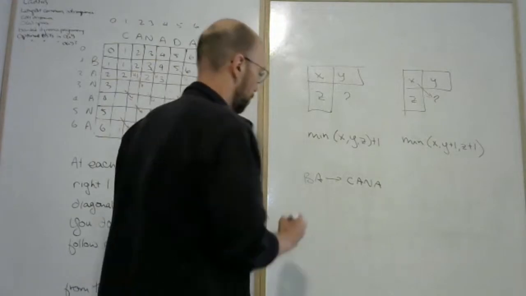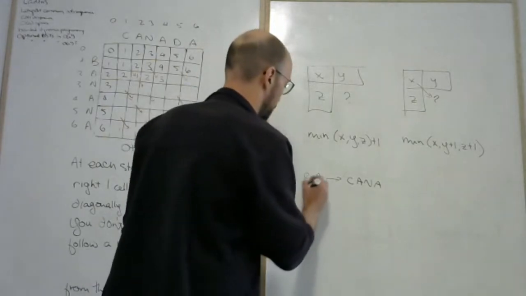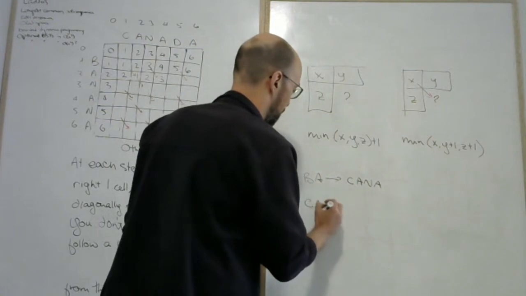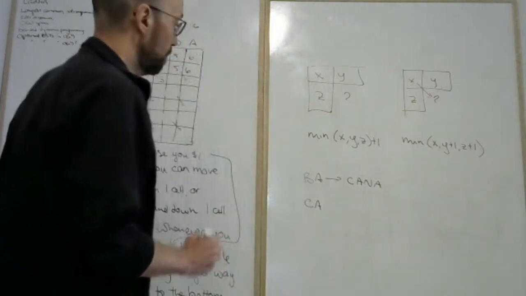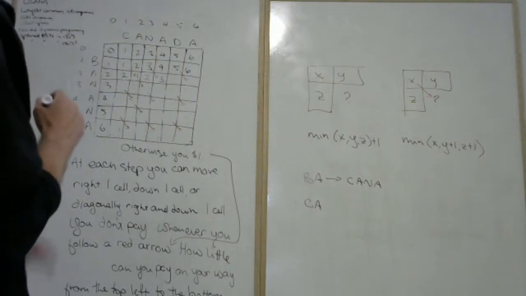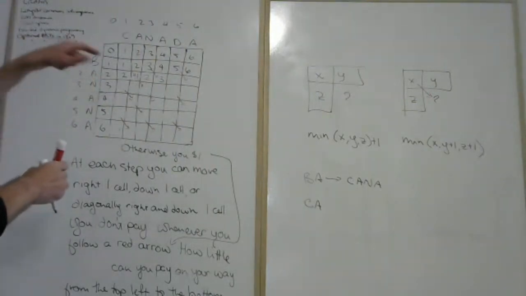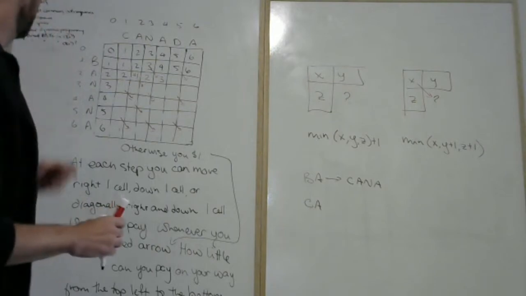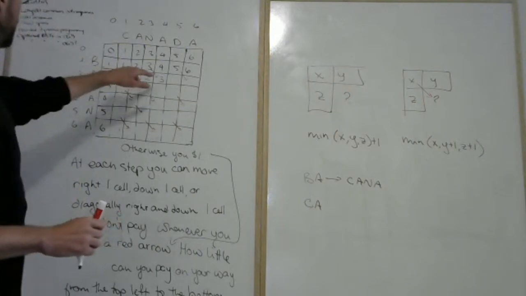So what I can do is first I change it into CA, and then I insert, to get to here.